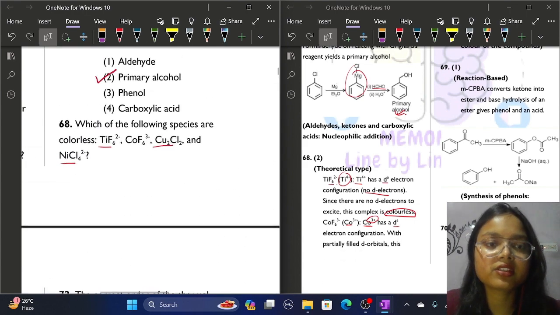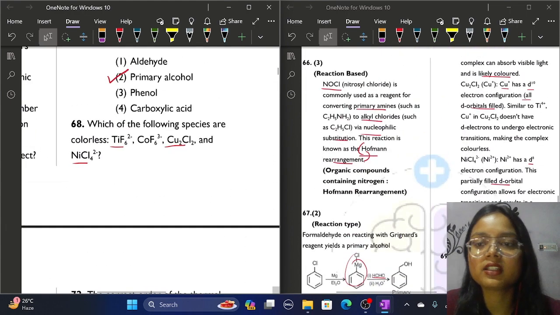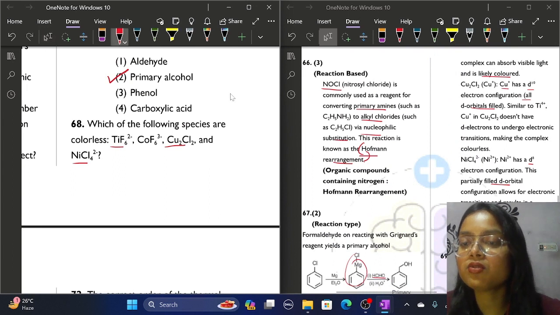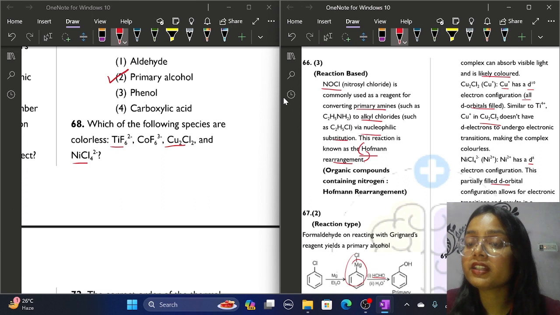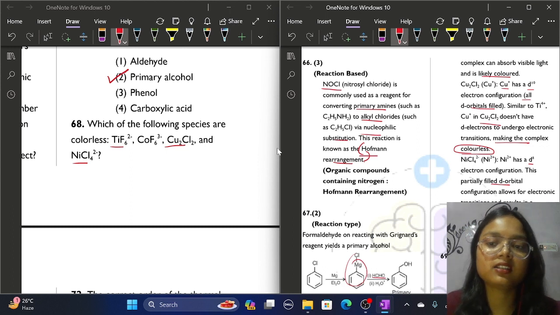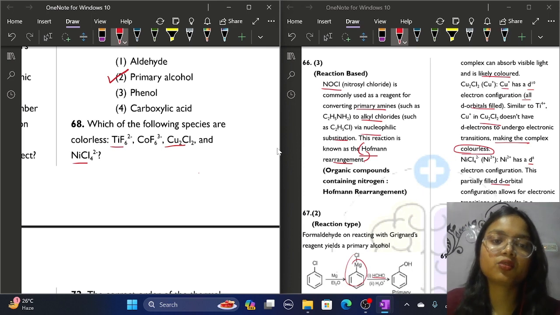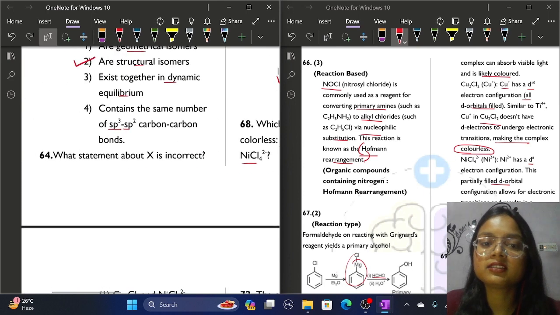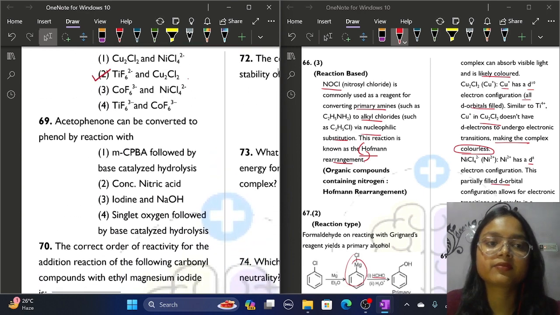Wait, what is given in the question? CuCl2, right? In this compound, all the d orbitals are filled, which makes the compound colorless. So either the d orbitals have to be completely filled for showing the colorless property, or there should not be any electrons. In these two cases, the compound will be colorless.